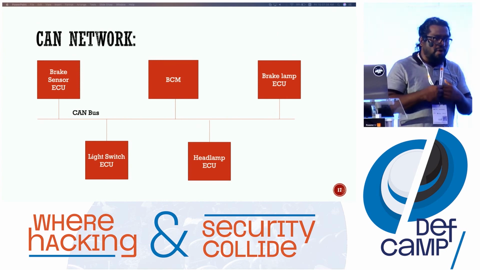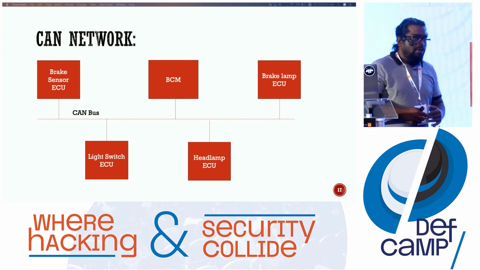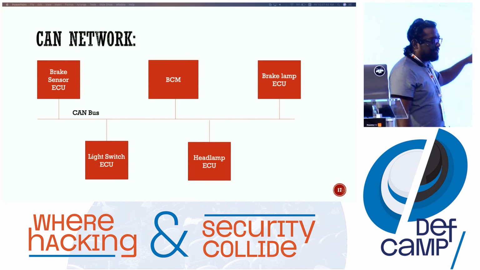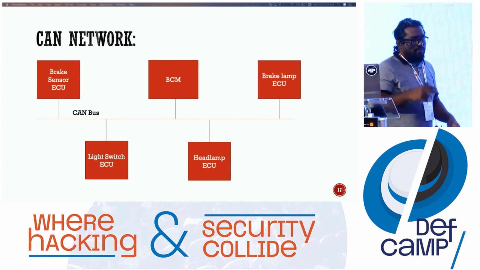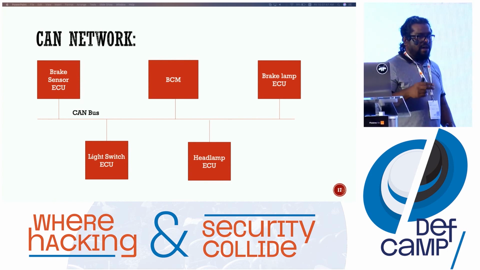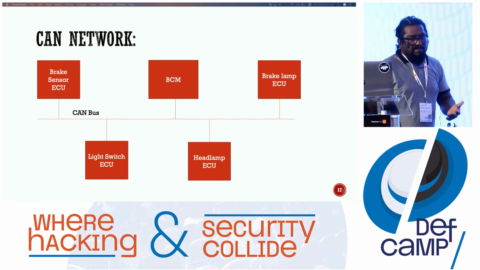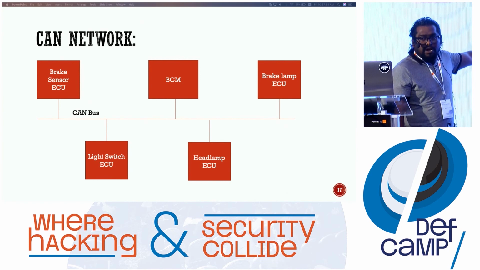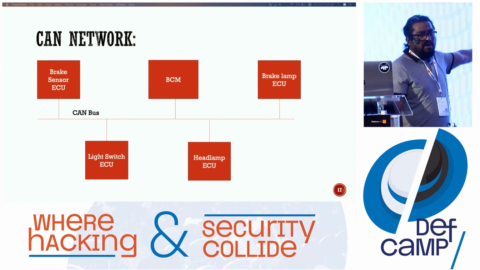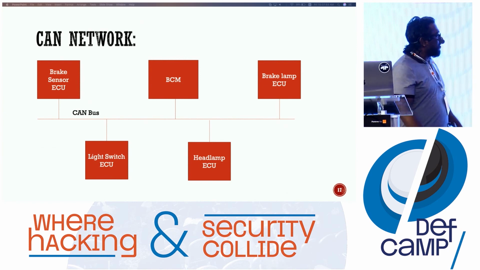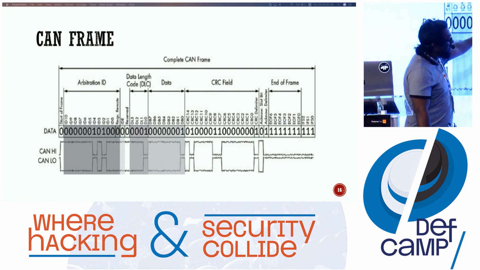It only broadcasts the message. If they broadcast at the same time, how do they identify which one has the highest priority? It depends on the arbitration ID.